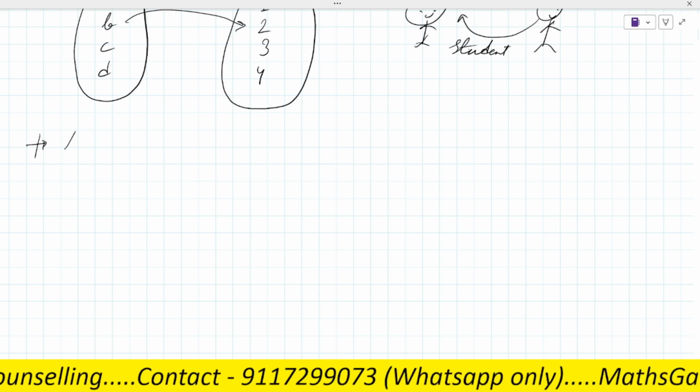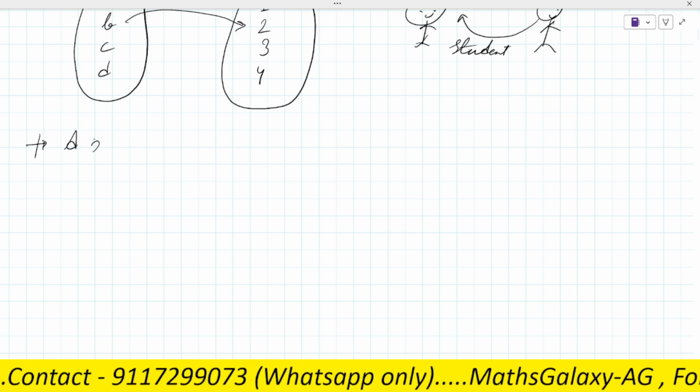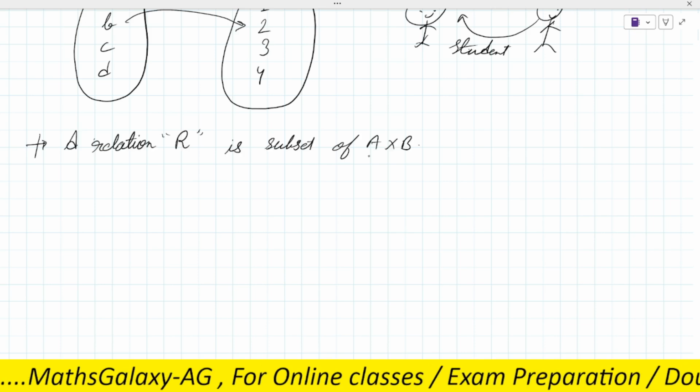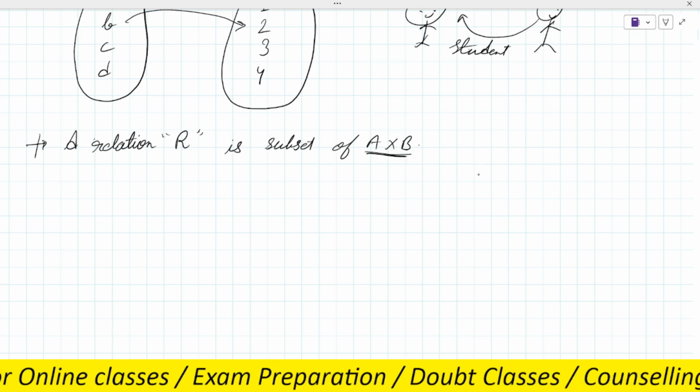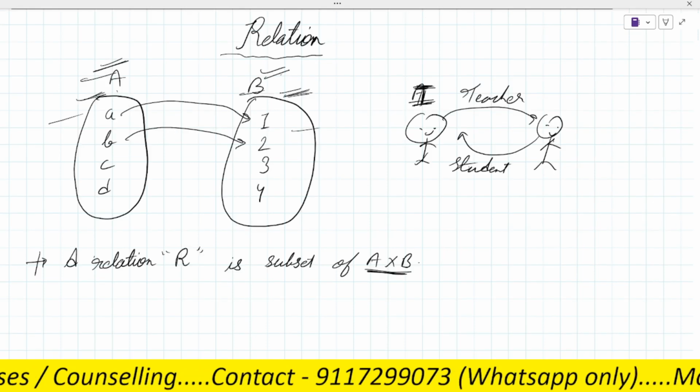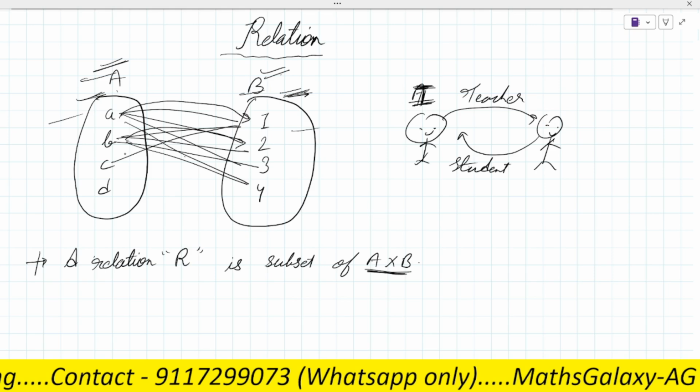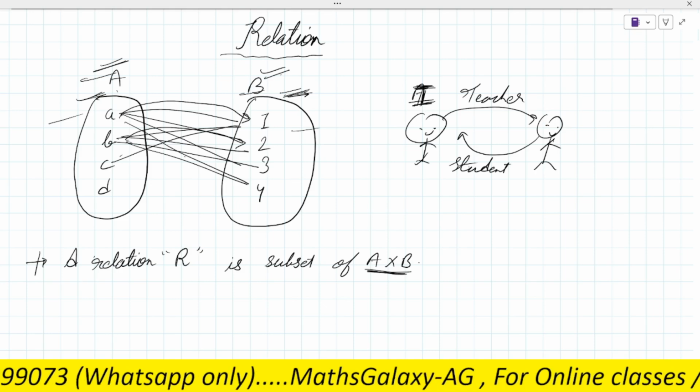So we can say that a relation, which is denoted by R, is a subset of A cross B. A cross B means we have to take each and every element of set A with each and every element of set B, just like A1, A2, A3, A4, B1, B2, B3, B4, similarly C1, C2, C3, C4, D1, D2, D3 and D4, right? So this is A cross B, है ना?